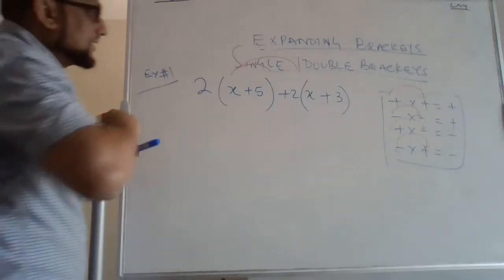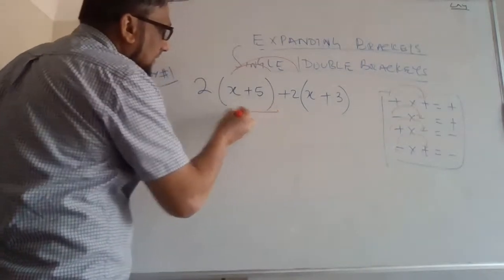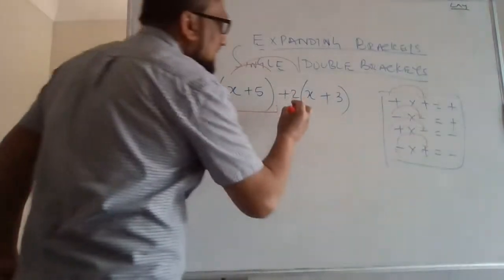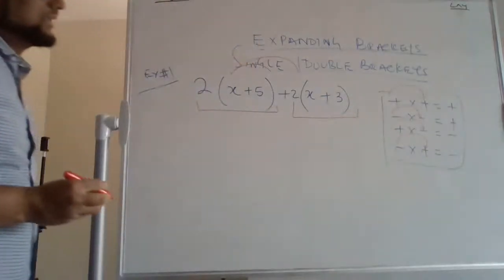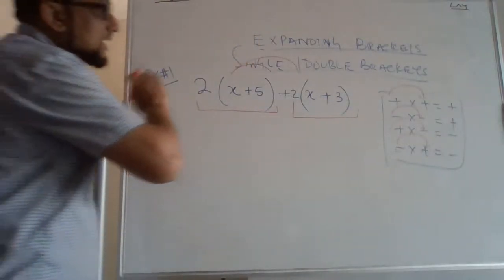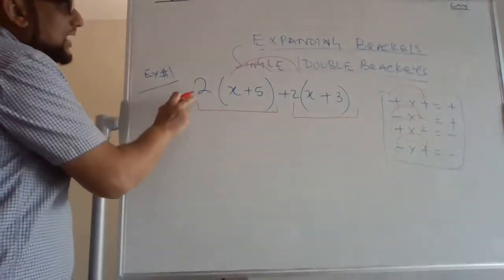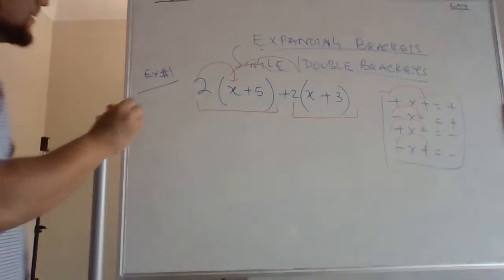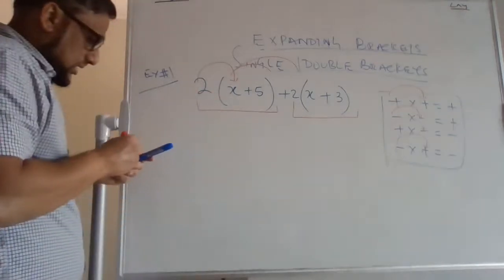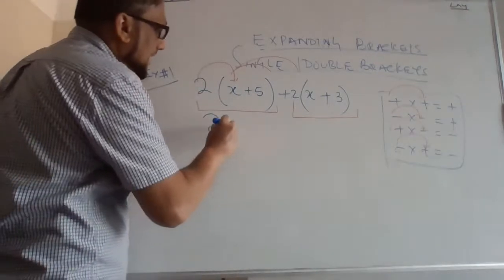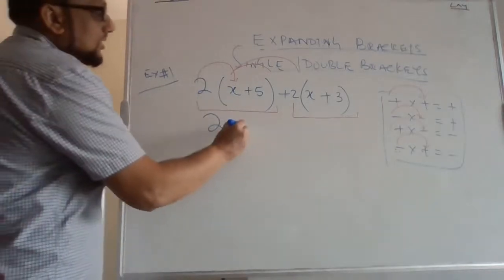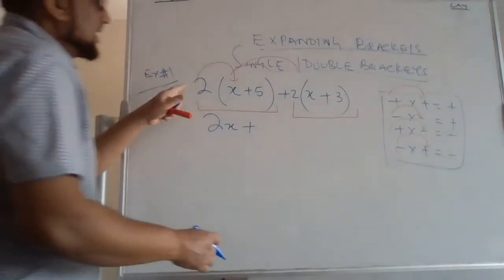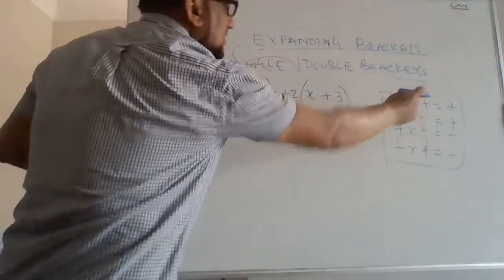Okay, so this is the second example, and we need to solve it the same way. 2 times x is 2x, and this positive sign comes as it is, because the hidden sign is plus, and plus times plus is plus.